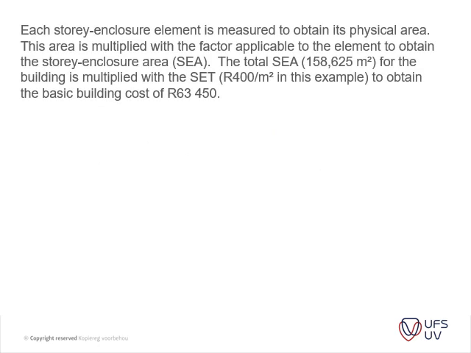Okay, so each story enclosure element is measured to obtain its physical area. The area is multiplied with the factor applicable to the element, and thus you get the story enclosure area. And this is what we spoke of last week in our study notes. The total story enclosure area in this case was 158 square meters for the building, and this is multiplied with the rate of 400 Rand per square meter as given in the question, and we obtain the same amount as we did with the previous two examples.